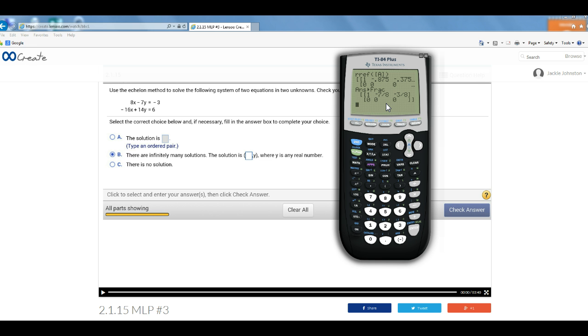However, we're going to have to write it in the form where y is any real number, and then I need to take my x, which is the first row. This tells me x minus 7/8 y equals negative 3/8. I need to write this in terms of y because y is my parameter, so I'm going to have x equals 7/8 y minus 3/8.